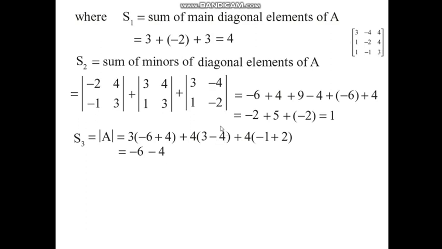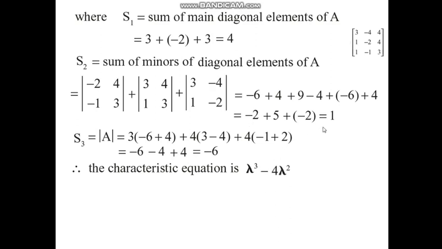First one is -6, second one -4, last one positive 4. Cancel -4 plus 4, we got -6. Therefore, the characteristic equation is lambda cubed - 4 lambda squared + lambda - (-6) = 0, that is, lambda cubed - 4 lambda squared + lambda + 6 = 0.